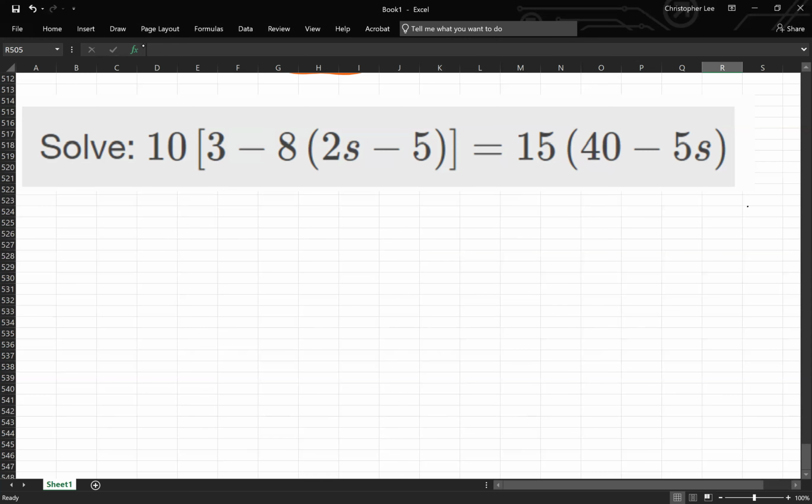Exactly, right? But not just the 8, negative 8. So I'm going to distribute that to both terms.